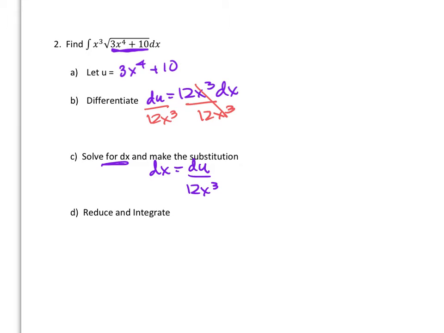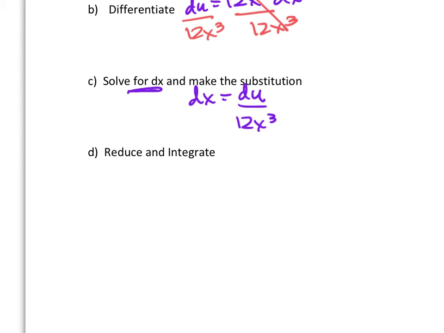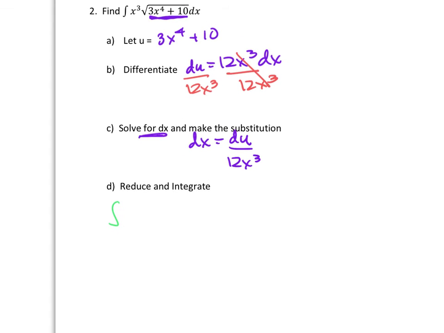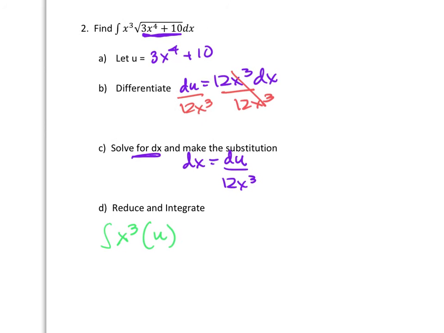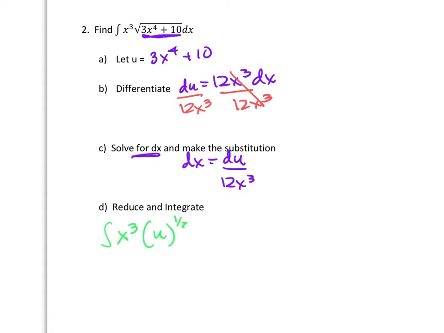So now we're going to make those substitutions with the u as well as the dx, and we will end up doing this. We have our original was x cubed, and this is where we have the u to the 1/2, because that was the square root, and our dx is replaced with the du over 12x cubed.